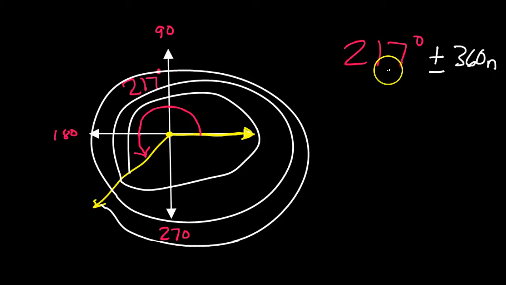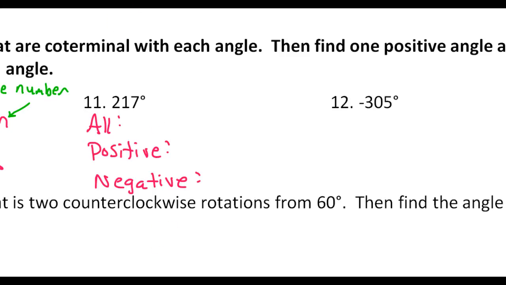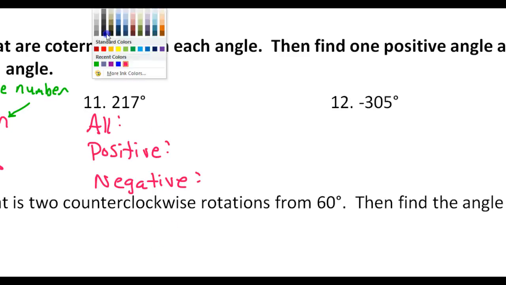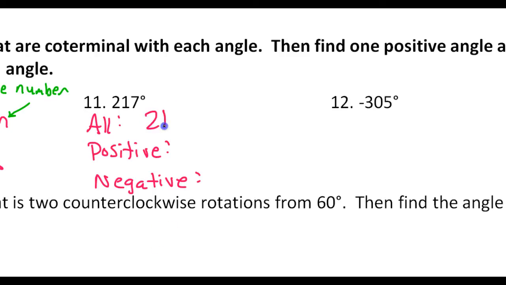So, as we did before, all of the coterminal angles could be written as 217 degrees plus or minus 360 n, where n represents one time, two times, three times, or n times.